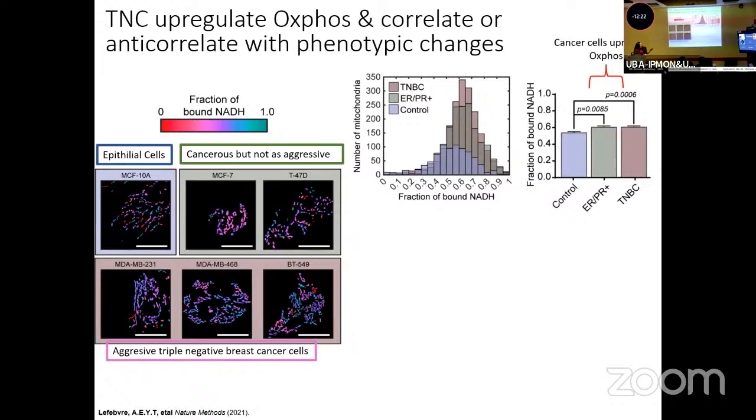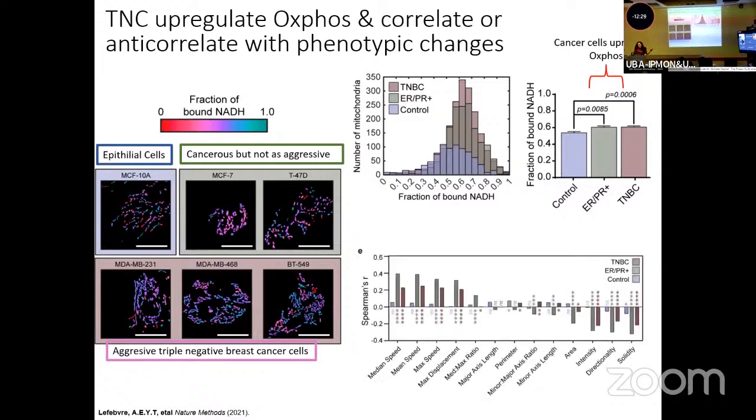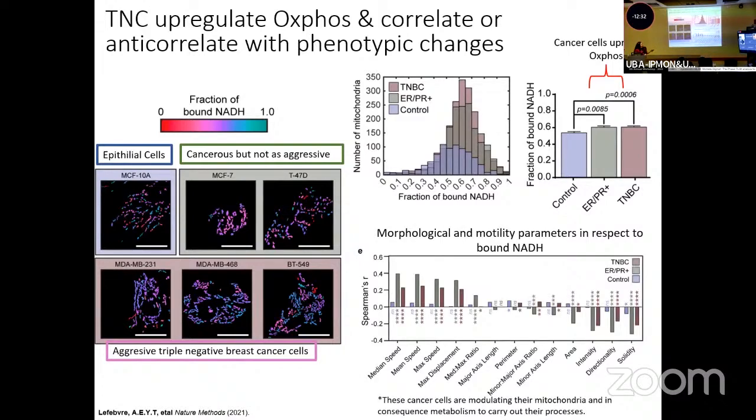If we look at the fraction of bound NADH in cancer, we see that in cancer cells, mitochondria are more OXPHOS, they're more bound NADH. And we can look at morphological and motility parameters with respect to bound NADH.